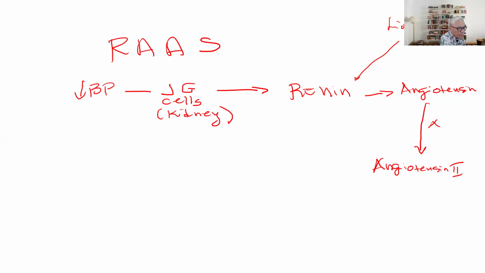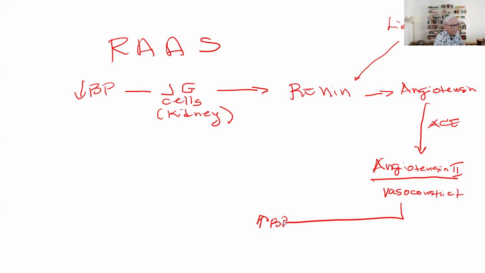And this conversion is made possible by an enzyme called angiotensin converting enzyme. Now, this angiotensin II is a very potent vasoconstrictor. So if we constrict, what's going to happen to the blood pressure? You're going to increase the blood pressure. The release of angiotensin II also stimulates the release of another substance, and this substance is going to be aldosterone.